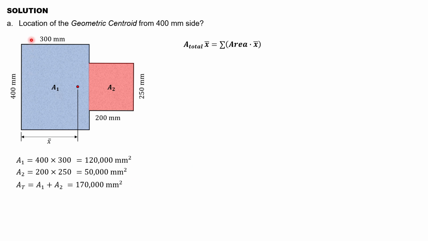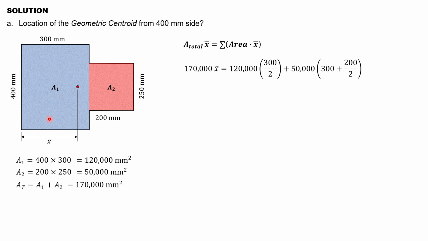Again, we are asked for the location of the geometric centroid from the 400 mm side. Therefore, all our reference must be from this 400 mm side. The total area, we already have 170,000. Area 1 is 300 divided by 2 from the 400 mm side, and area 2 is 300 plus half of 100 from the 400 mm side.